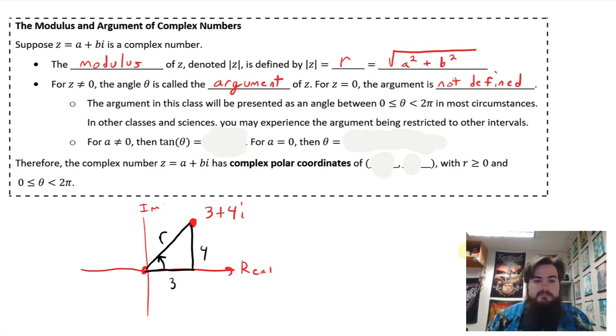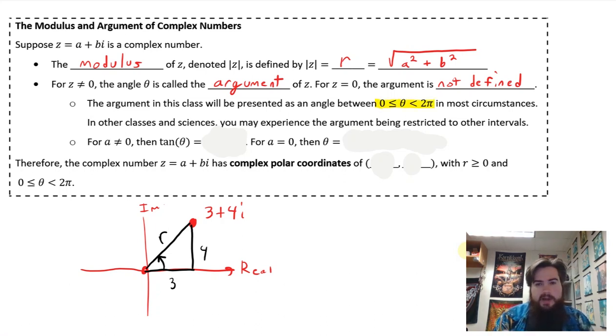However, since theta is just going to be called the argument here, but there's no difference between how we referred to the value theta in the polar coordinate system in the past, we are still going to calculate theta the same way. In this particular class, the argument will be presented as an angle between 0 and 2 pi in most circumstances.